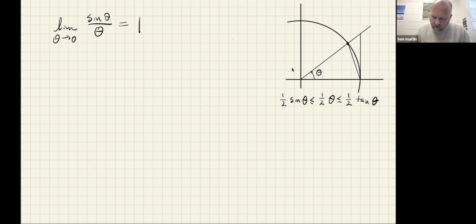So once we are to that point, then we're going to make this observation that if you take the first piece there and divide out, then you will end up having that sine theta divided by theta is going to be less than or equal to 1, okay, by dividing out the 1/2 theta. So remember that that part comes from the first half, okay?